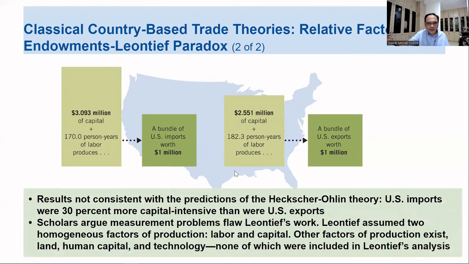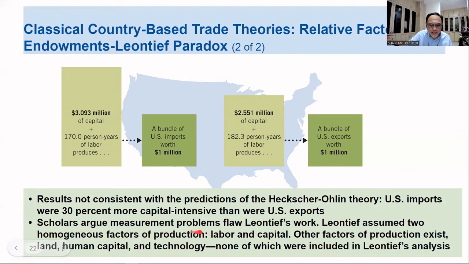But of course scholars argue there must be reasons why it was not able to be proved. Results were not consistent with the prediction of the theory. US imports were 30% more capital intensive than the exports.